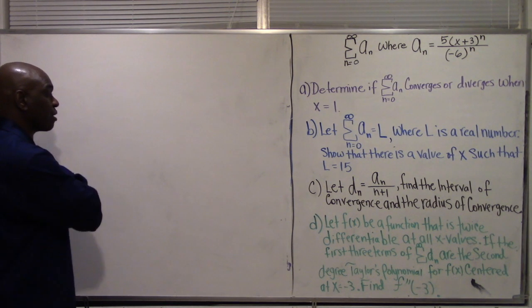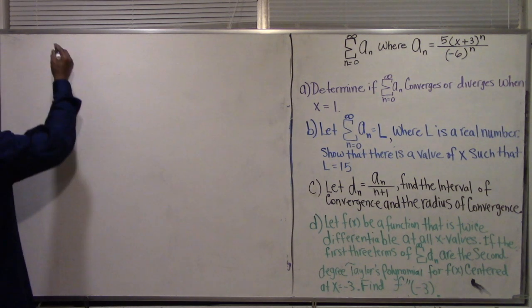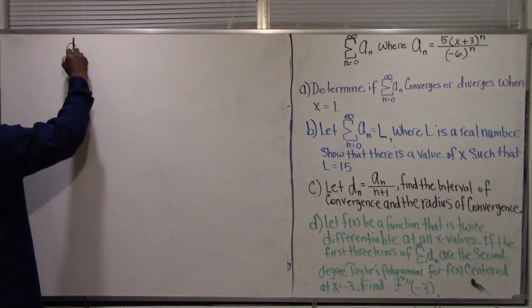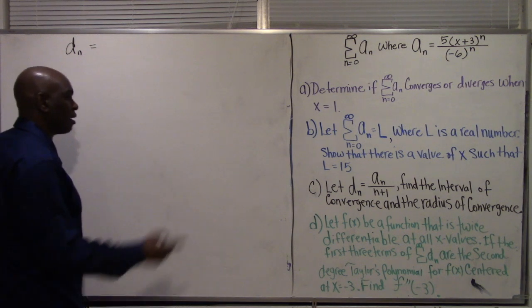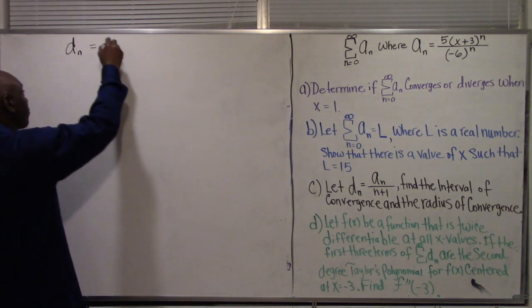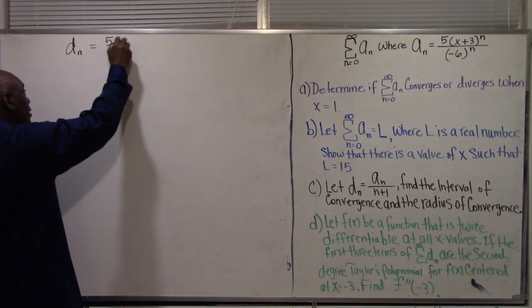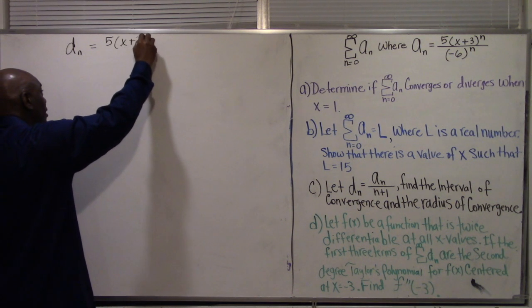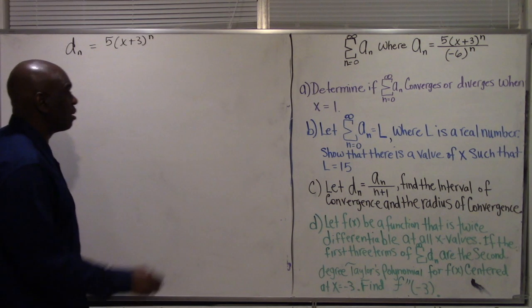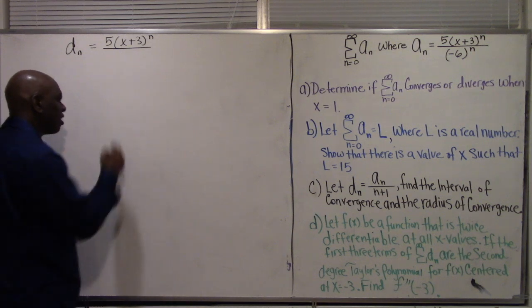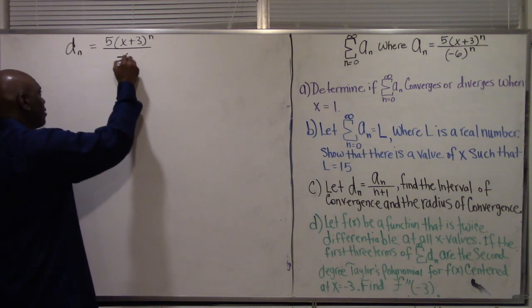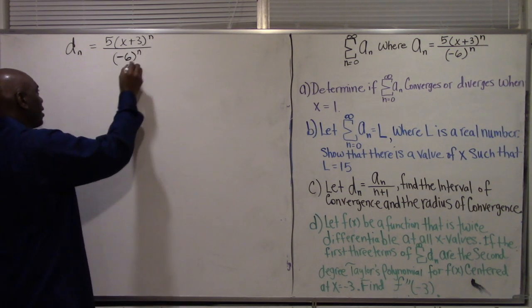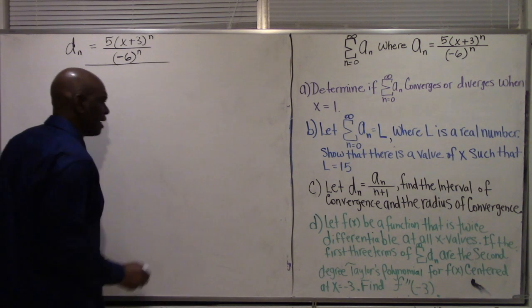Interval of convergence and the radius of convergence. So d_n equals a_n, which is 5 times x plus 3 to the n over -6 to the n, and all this is divided by n plus 1.